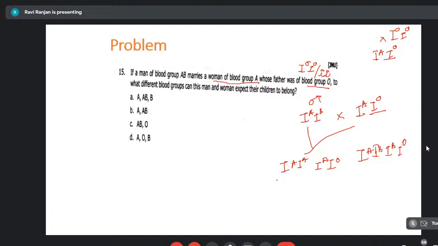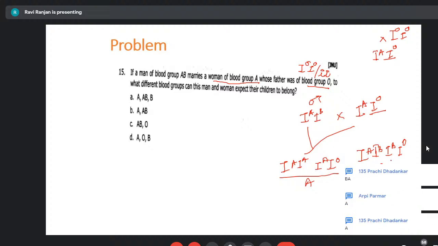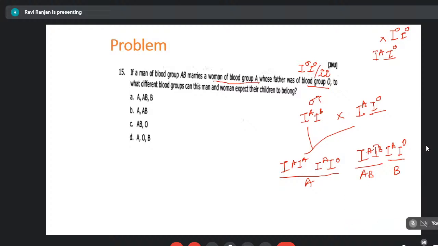So you have A blood group, you also have AB blood group, and you also have B blood group. Right? So the right answer is A. Okay, thank you. So the right answer is A.